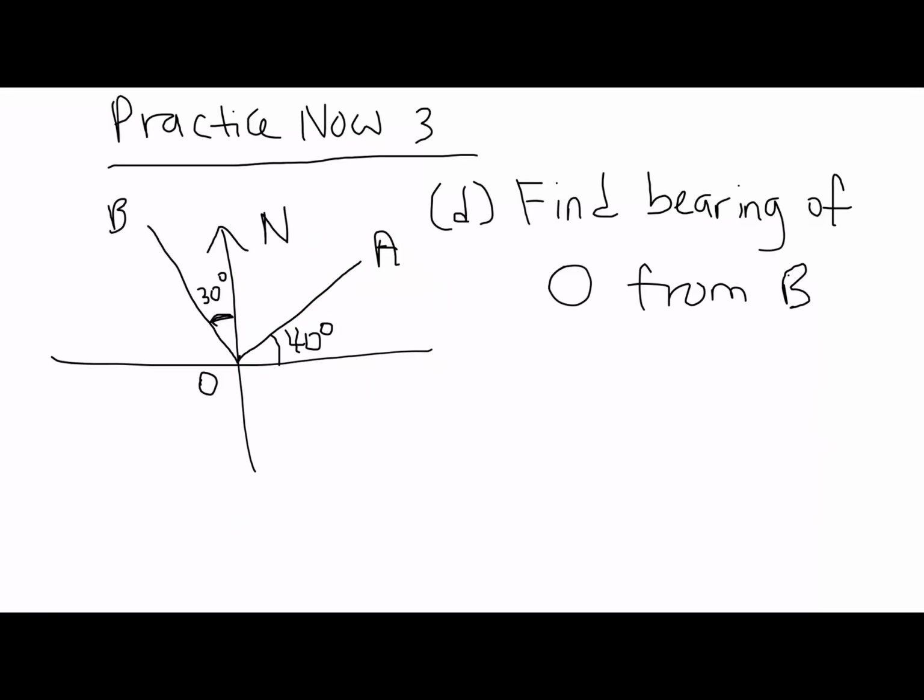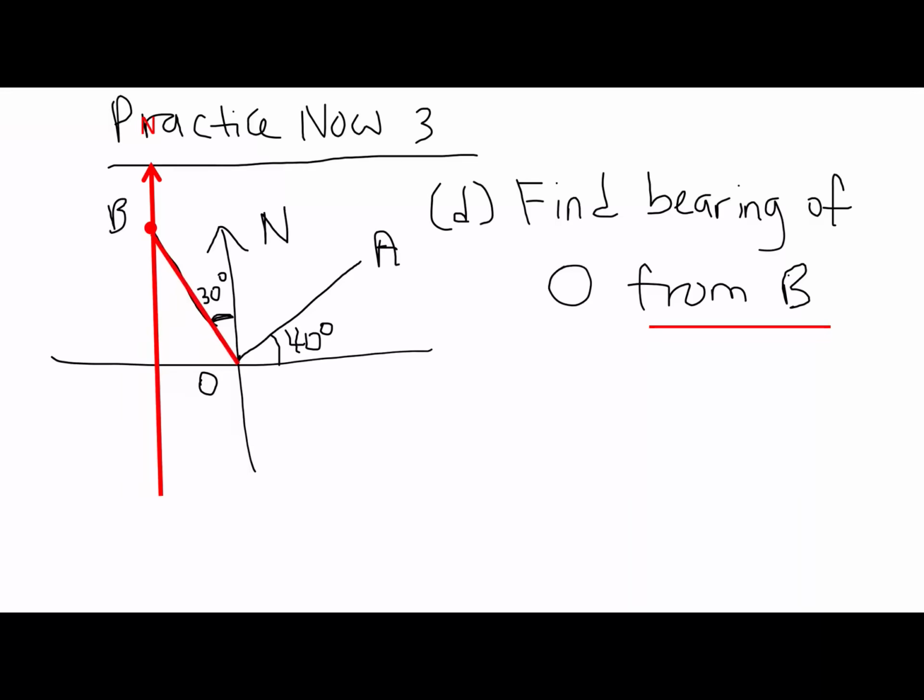Lastly, bearing of O from B. By now you should know, at point B, you draw the north line. Then you draw the line of sight, OB. Then you draw the bearing from the north line to this line of sight in a clockwise manner. So you start drawing on the north line where?